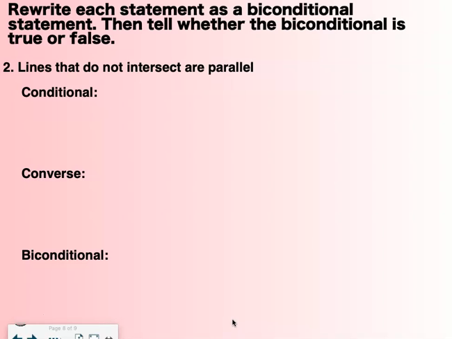So we have this statement, lines do not intersect or are parallel. So first we need to write it as a conditional statement, which means what form? If-then form. So what would that look like? If lines do not intersect, then they are parallel. Yep.